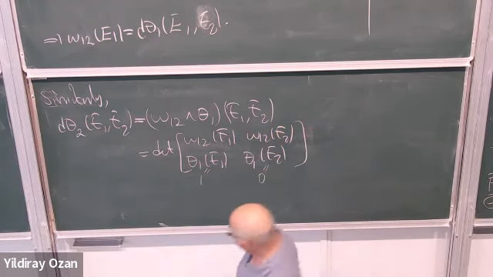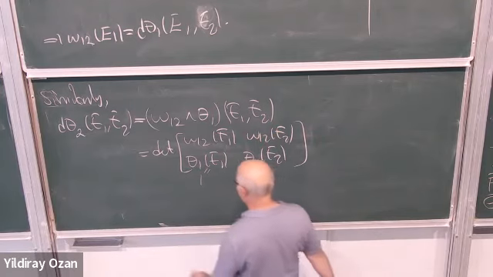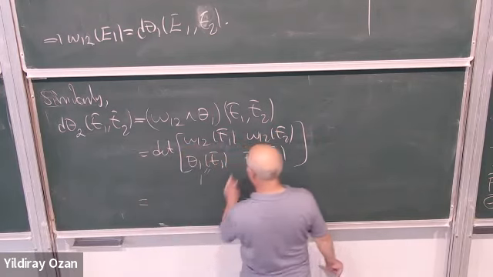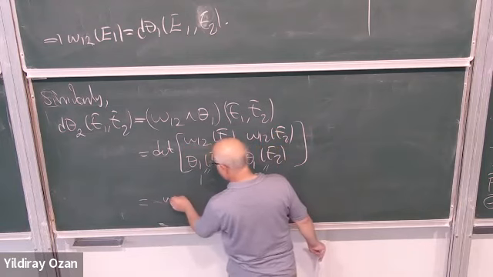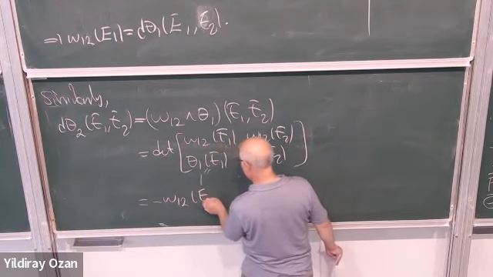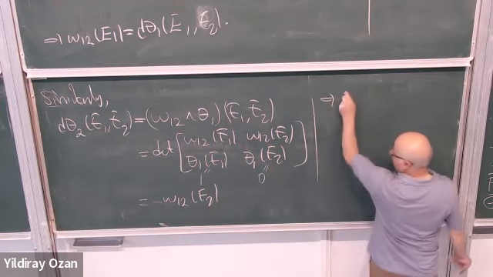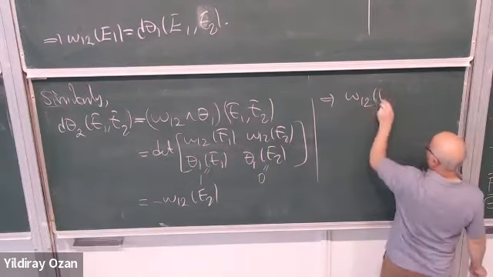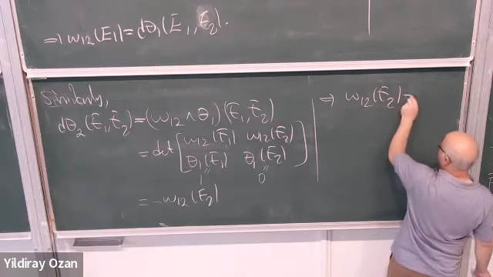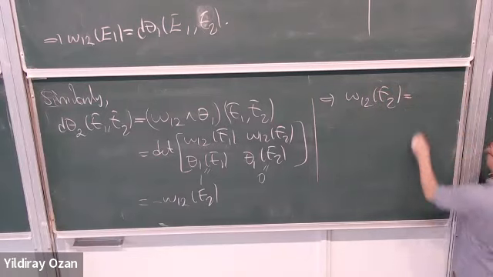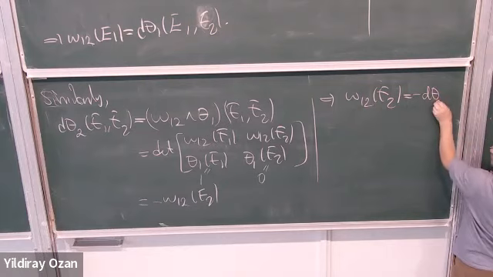So the result is minus W21 of E2. Meaning that W12 of E2 is just minus dθ2 of E1, E2.